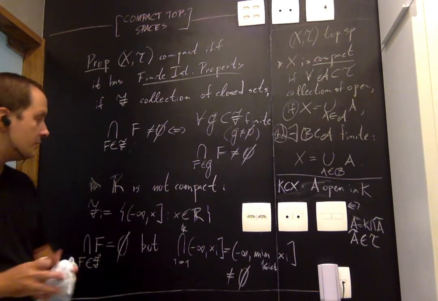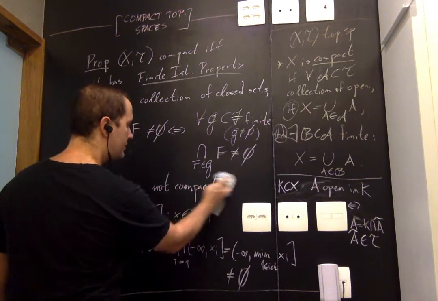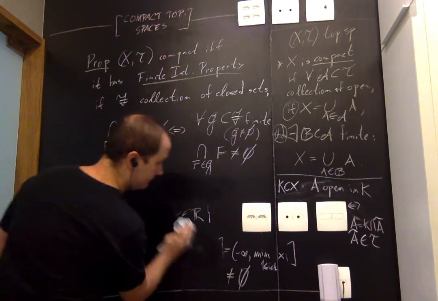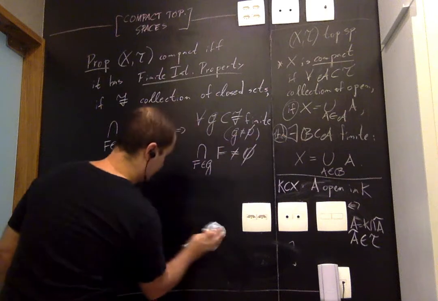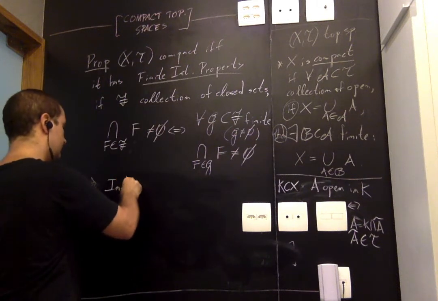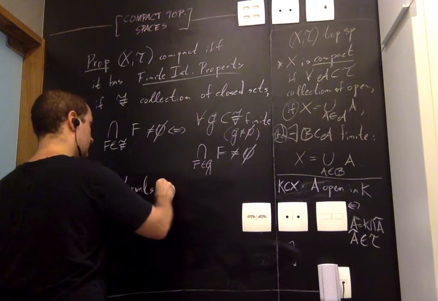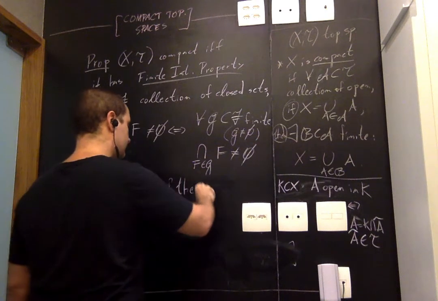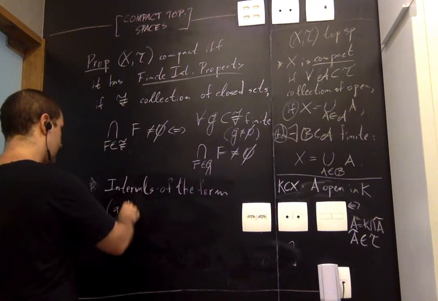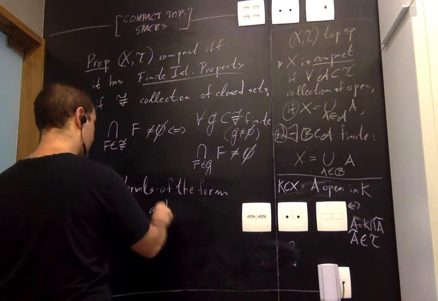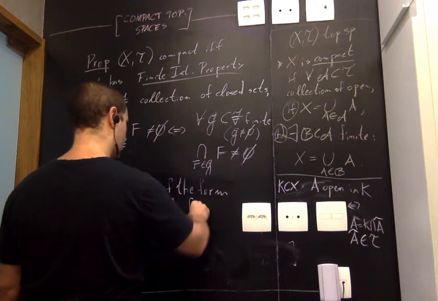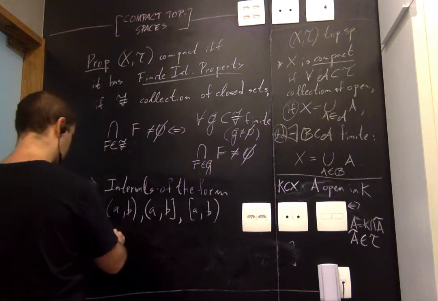Here's an exercise I want you to do. It's in the lecture notes, and unfortunately in Portuguese. It has a very similar proof. Show that intervals of the form, say, (a, b) are not compact.